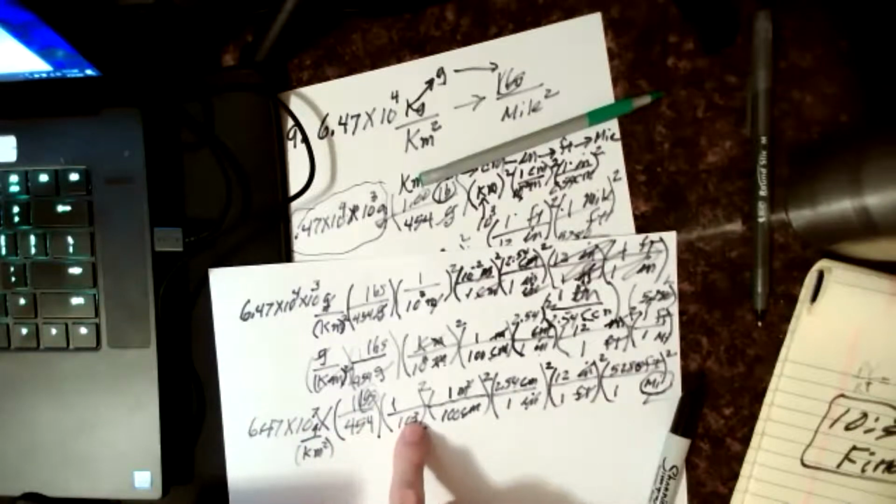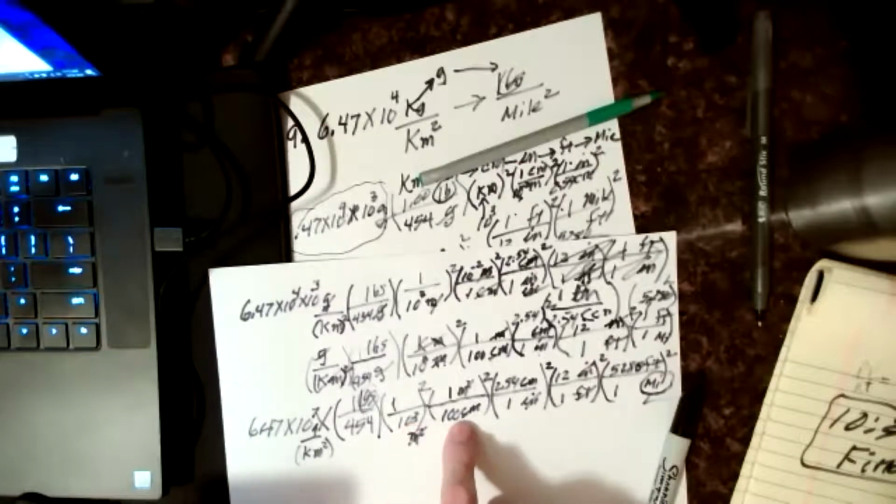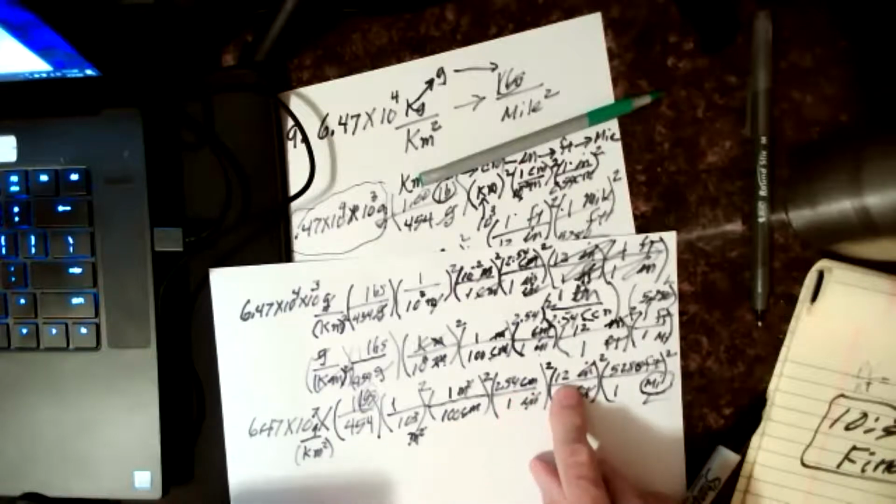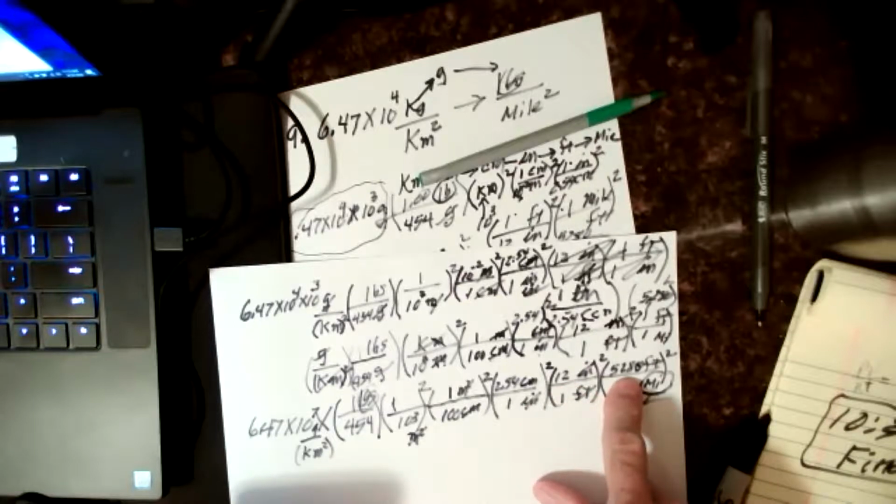And divided by 1 exponent third squared. That's right. Divide that by 100 squared. Multiply that by 2.54 squared. Multiply that by 12 squared. And multiply that by 5,280 squared.